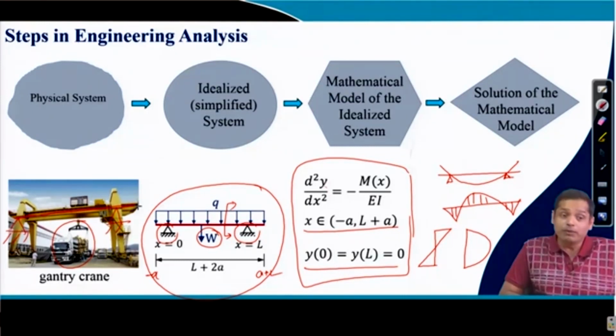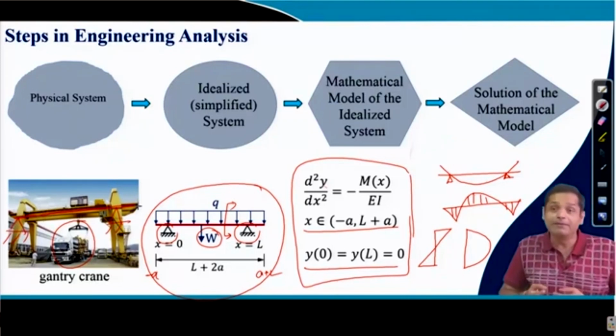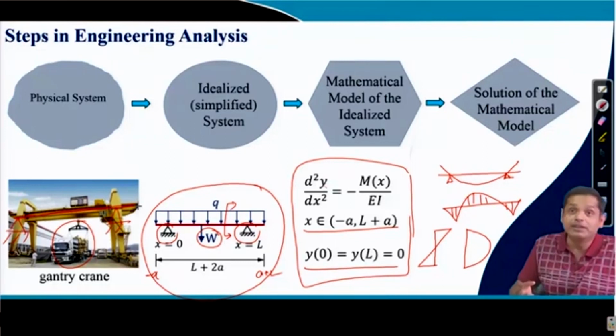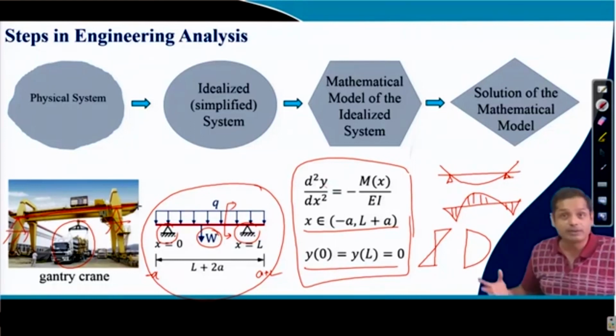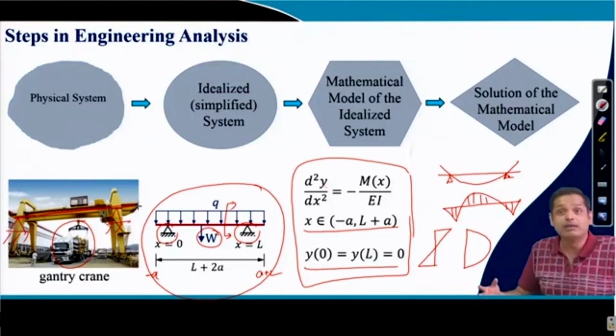Most of the problems we encounter in real life may not have an equation which describes the response of the entire structure. For instance, if we take a building frame, we know the governing equation for each individual member.